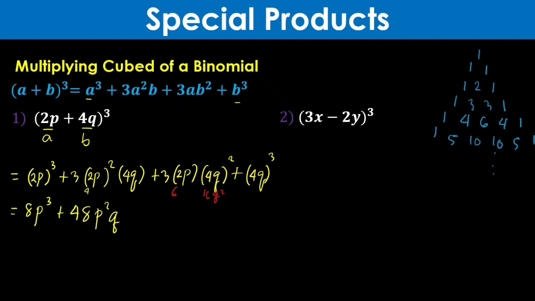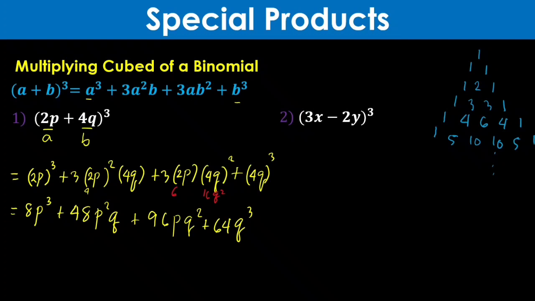So it's going to be plus 96 P Q squared, plus the cube of 4, that's 4 times 4, 16, times 4, that's 64 Q cubed. And this is now the product of this cube of a binomial there.